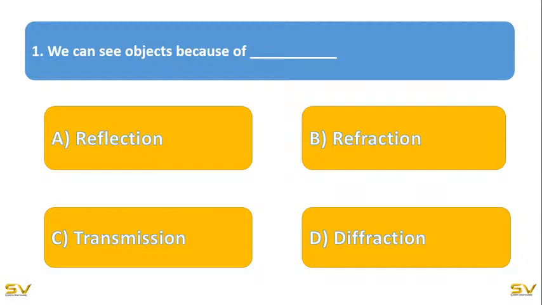Among these four options, which is the correct answer, so that we are able to see objects? Is it A, B, C, or D?